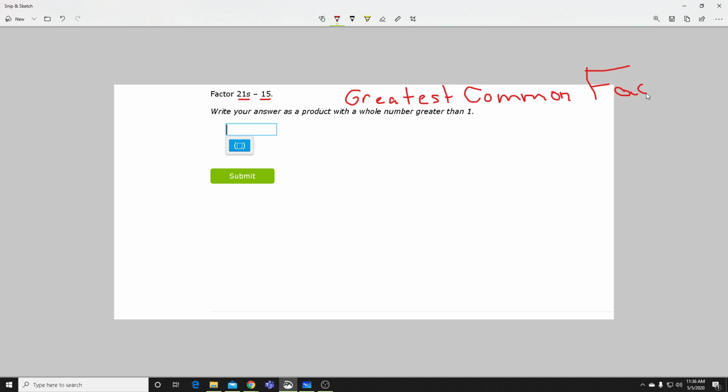You're going to see this referred to as GCF very often. The greatest common factor, GCF. By the way, this is something that I've commonly seen on SATs. I know you haven't really taken it yet, but you're getting into high school next year.